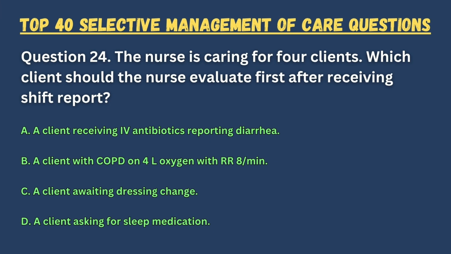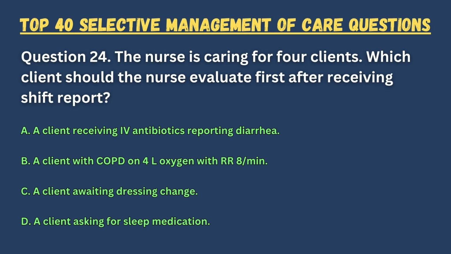Question 24. The nurse is caring for 4 clients. Which client should the nurse evaluate first after receiving shift report? A. A client receiving IV antibiotics reporting diarrhea. B. A client with COPD on 4-liter oxygen with respiratory rate 8 per minute.